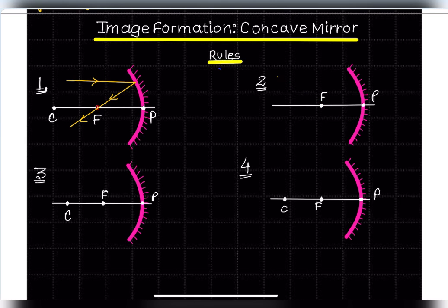This is the second rule. The first rule and second rule are complementary to each other. If it is parallel it will pass through the focus, and if it passes through the focus then it will be parallel.